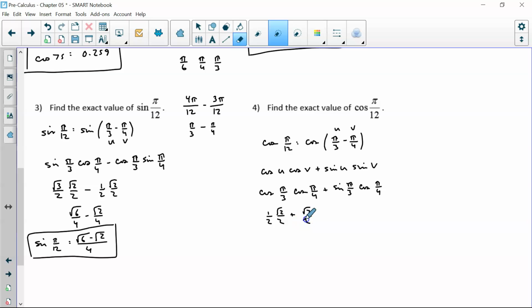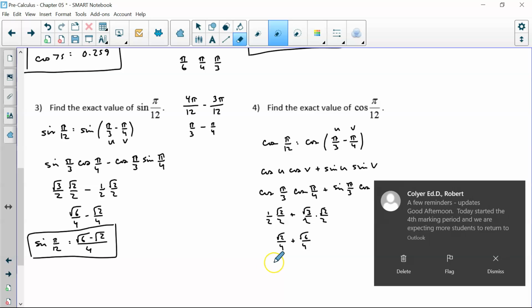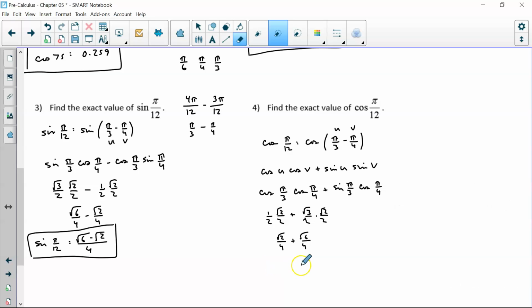And the sine of pi over 4 is root 2 over 2. So we multiply, we get root 2 over 4 plus root 6 over 4. And we finally got a different answer. For the cosine of pi over 12, our exact answer is root 2 plus square root of 6 over 4. That's our exact value.